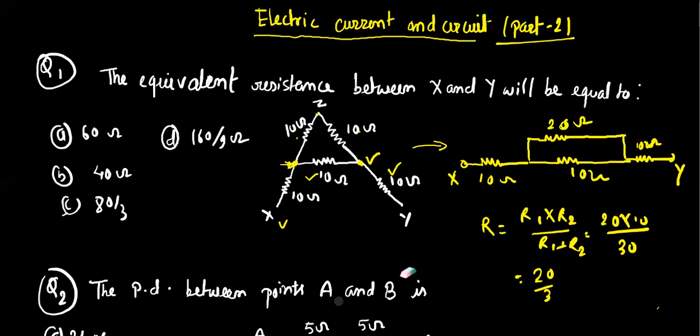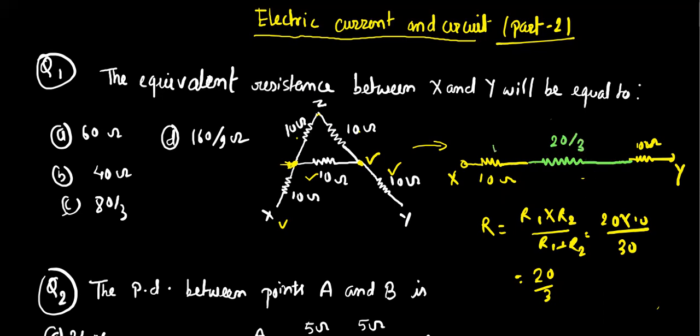For these two, now we can replace their combination by a resistance having value 20 by 3.